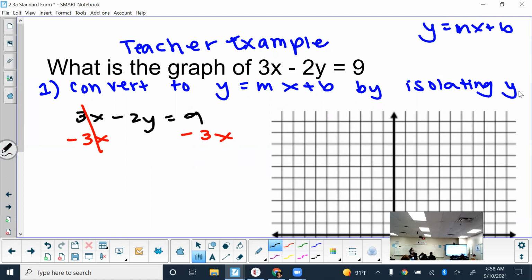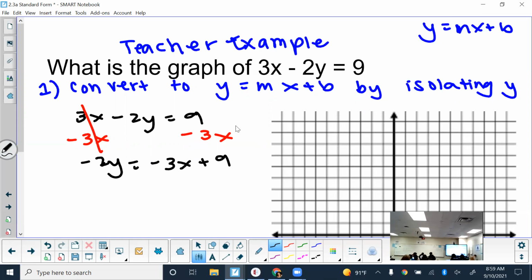Cancels out on the left side. On the left side, what do I have remaining? Negative 2y. So don't forget that negative. On the right side, what do we have? Good. If you were thinking 9 minus 3x, that's the same thing, but try to get in the habit of writing the x term first.